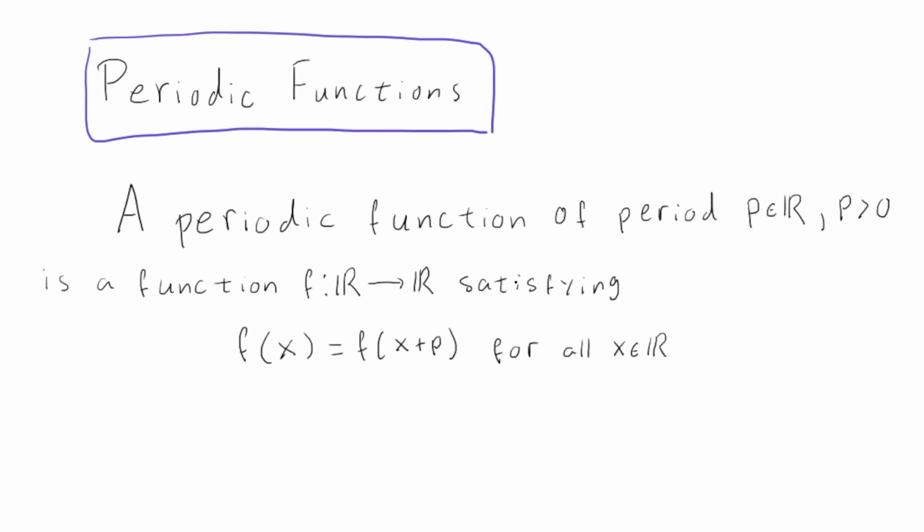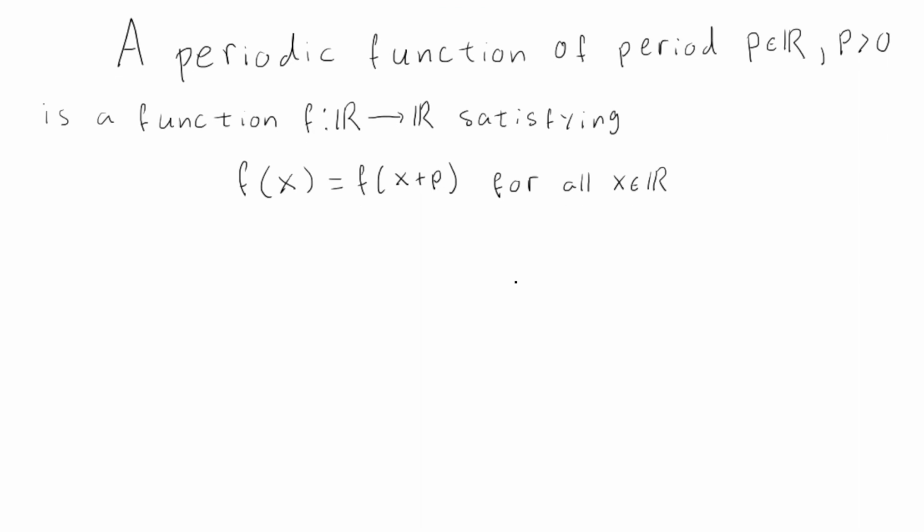Yeah, so this is kind of an algebraic way of saying what it means for a function to be periodic of period p. But basically, if you draw the graph of a function like this, so you draw here the y-axis and the x-axis, and you draw the graph of a periodic function of period p.